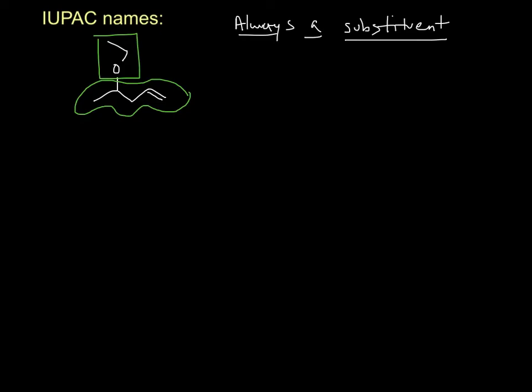The way that they're named as substituents is alkoxy. And in case of a sulfur, we would name them as alkylthio. So that's always a substituent.